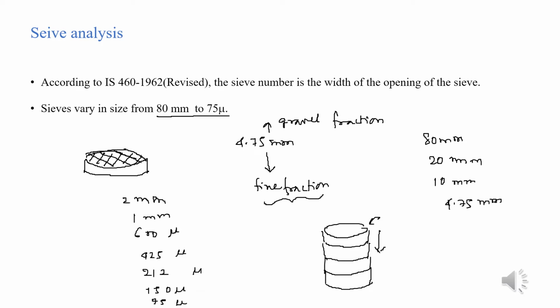That is, the smallest aperture sieve is at the bottom.